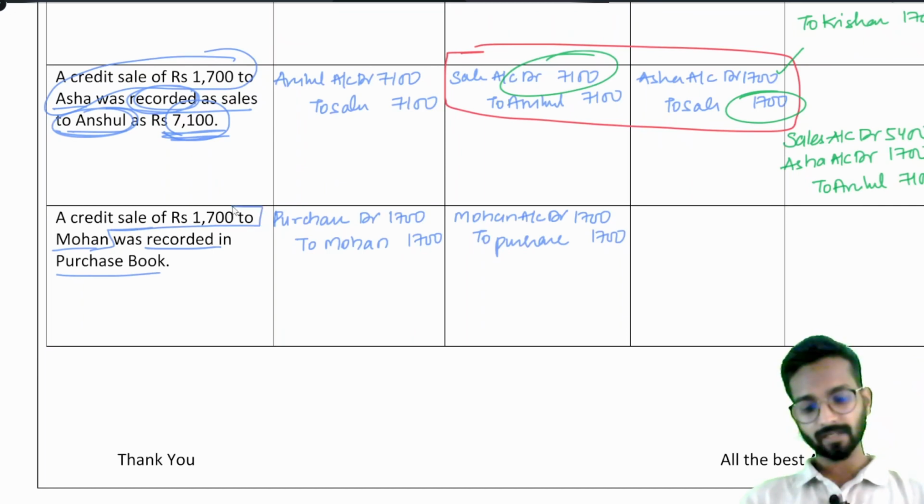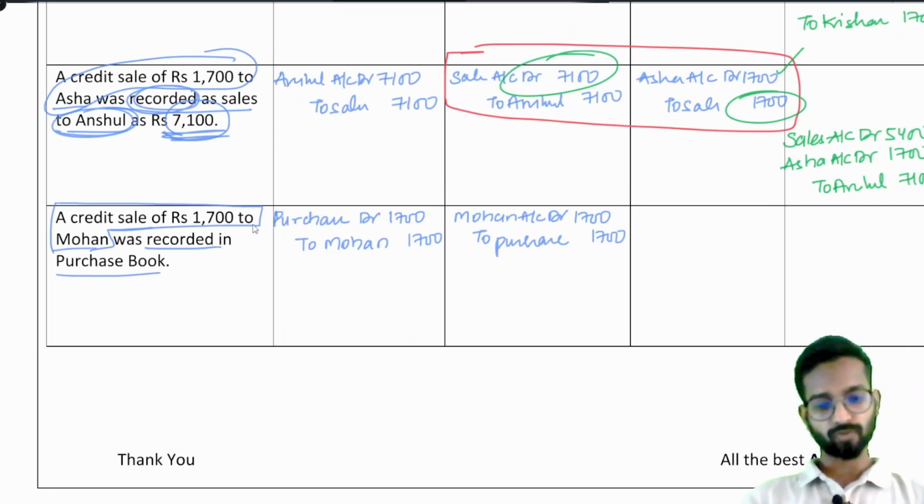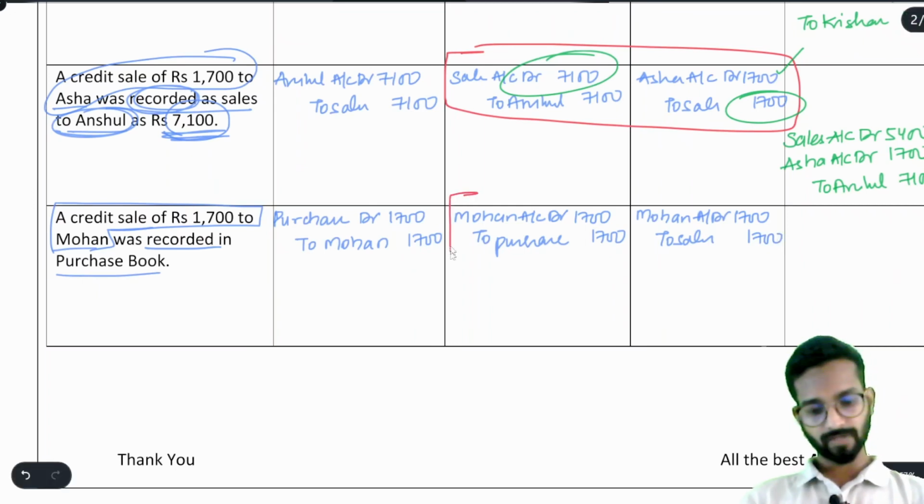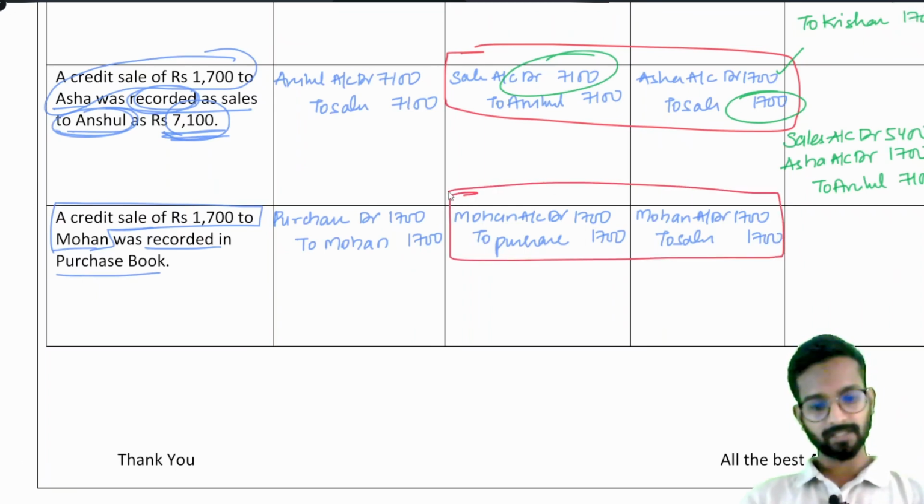What is the correct entry? A credit sale of rupees 1700 to Mohan. So I will write here Mohan account debit to sales. How much? 1,700, 1,700. Now what we have to do? We have to do the total, and the total is, see, Mohan account debit 1700, Mohan account debit 1700.